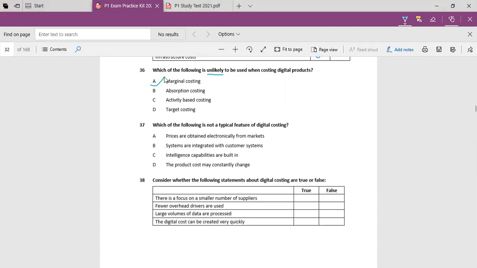Which of the following is not a typical feature of digital costing? Prices are obtained electronically from markets. Systems are integrated with customer systems. Intelligence capabilities are built in. The product cost may constantly change.